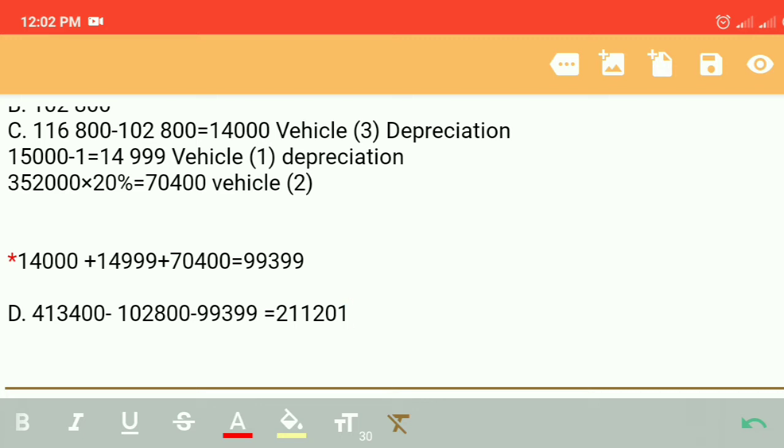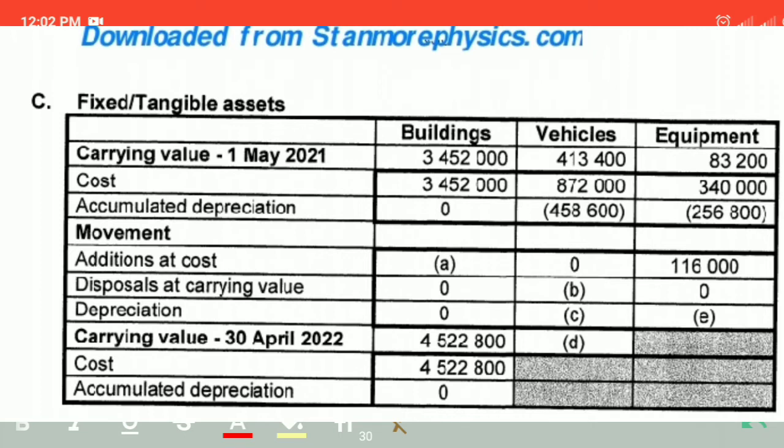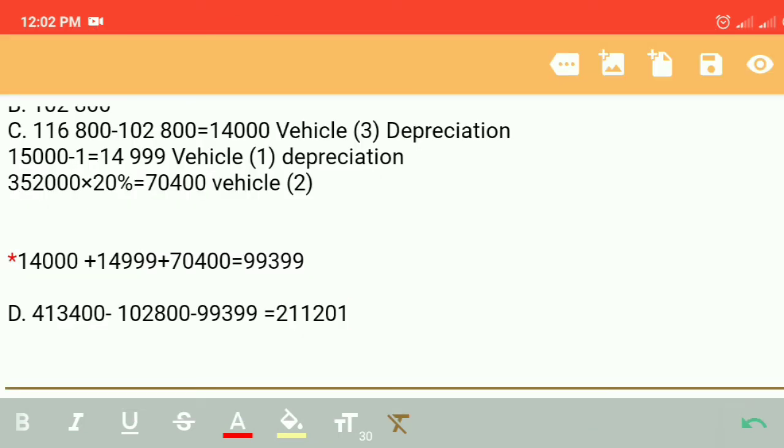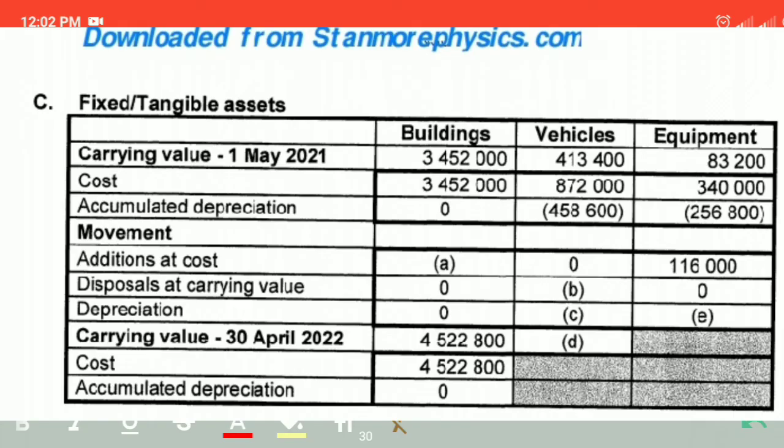We are still on the column of vehicles. The answer at B, I'm repeating again, was 102,800. The answer at C was 99,399. That's how we did it there. So now we are trying to find D. When we find D, we take the carrying value on top, which is 413,400.